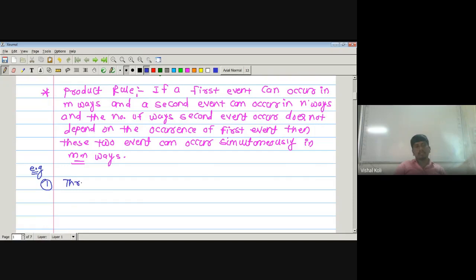Three persons enter into a car where there are five seats.